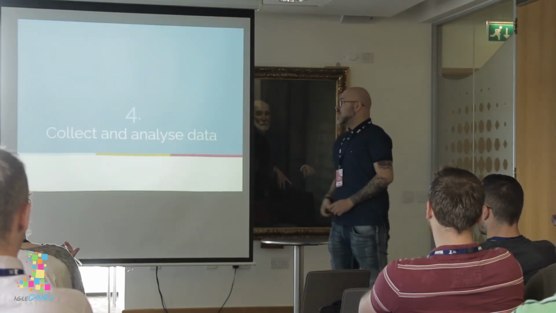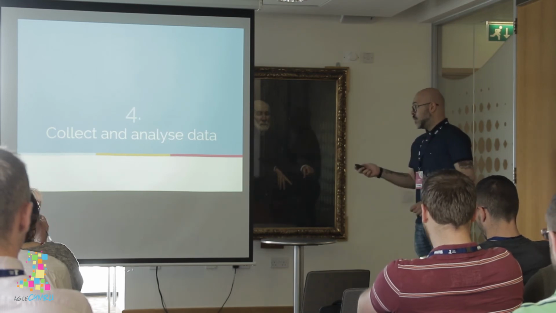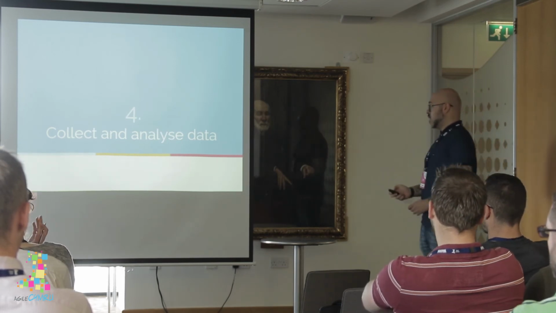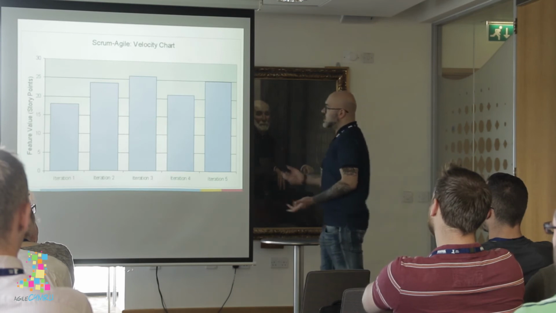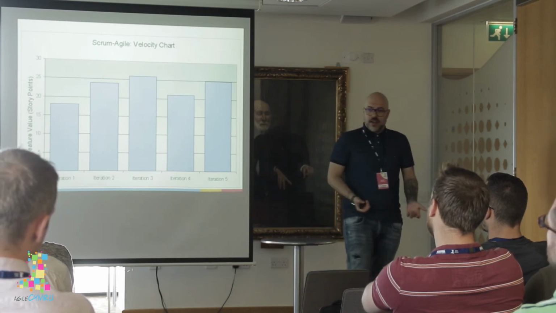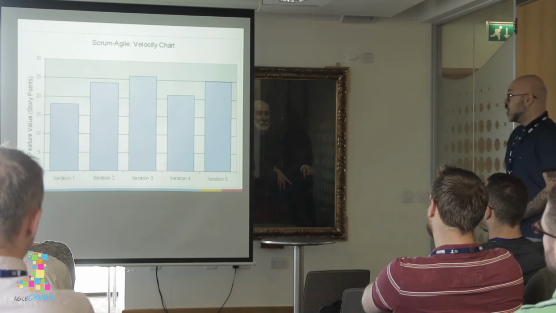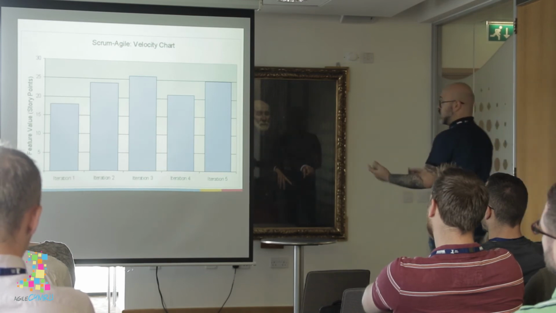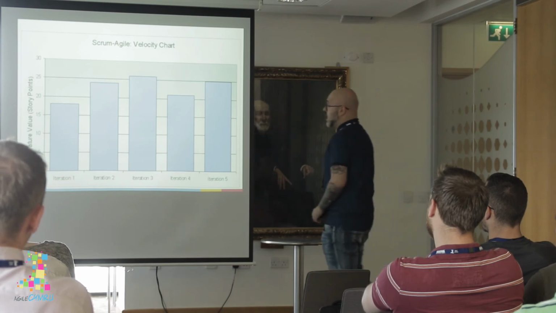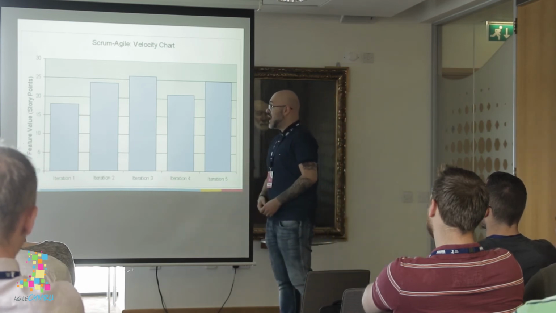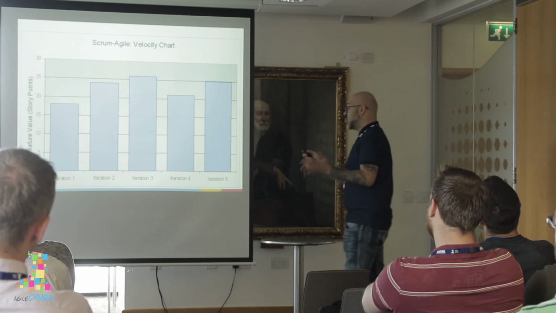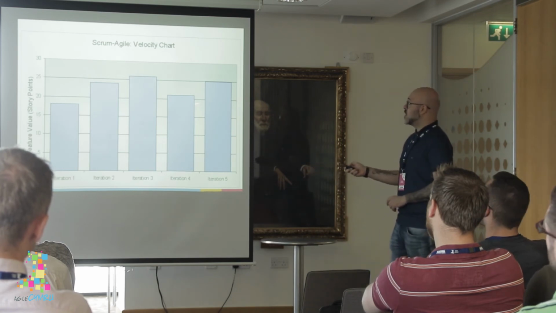So we are arriving to the last part of the talk, about collecting and analyzing data. Usually this is the classic thing that you can use when you work with Scrum. For instance, you can understand the velocity of your team between different iterations. You can see that after a few sprints, you can have more or less a constant number of story points that you are delivering.